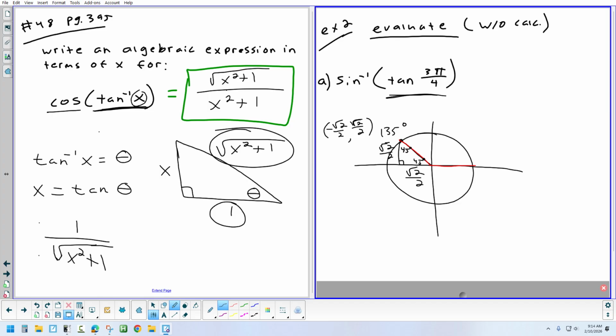Okay, so now we've got the coordinate for 135. What is the formula for tangent? And I don't mean opposite over adjacent. I mean like on the unit circle. What's the formula for tangent? Yep. Y over X. Perfect. And what do you get if you divide the Y value of the coordinate by the X value here?